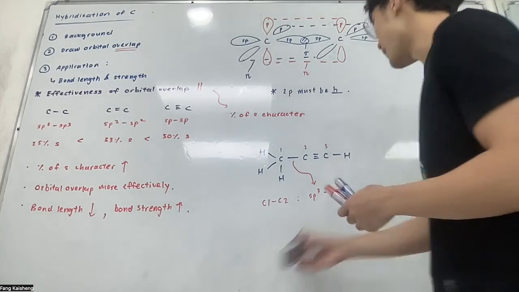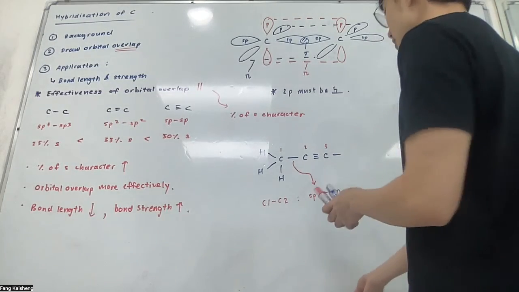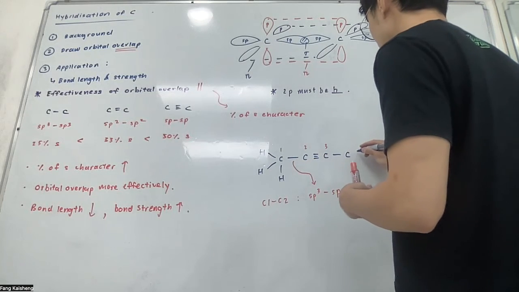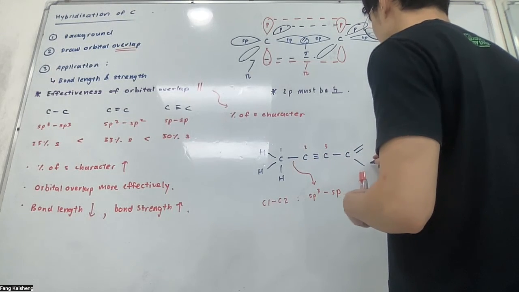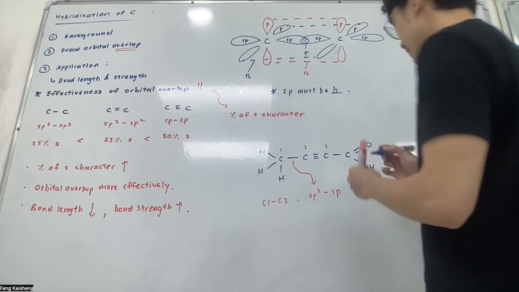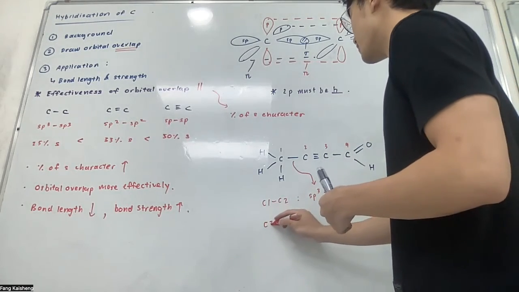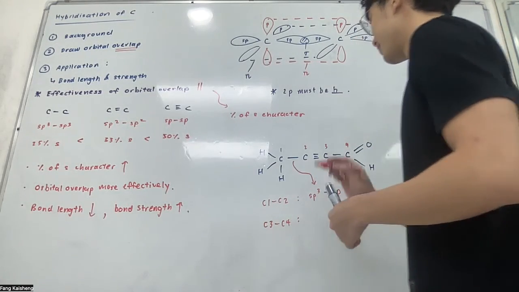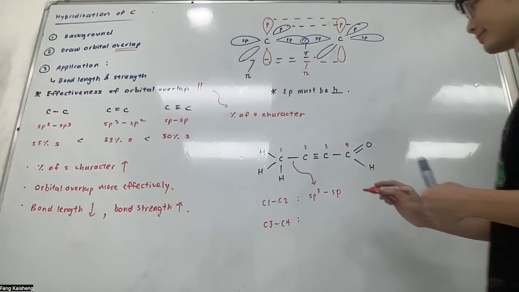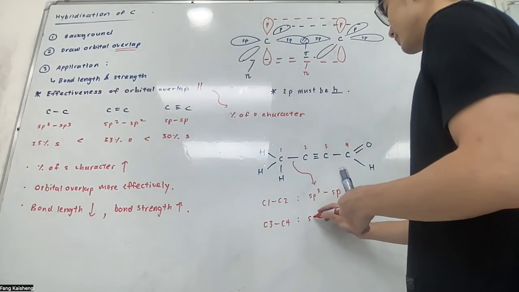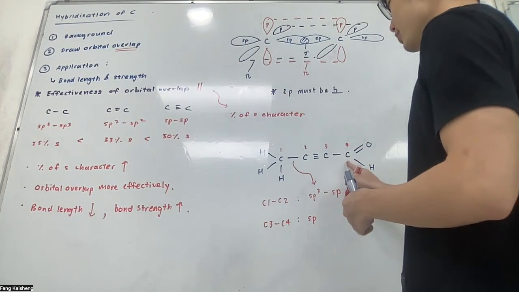So perhaps let's just expand on this molecule a little bit more. Let me draw in another one here. I'm going to label this carbon 4. Can you tell me what's the orbital overlap of C3 to C4? sp2, sp2?